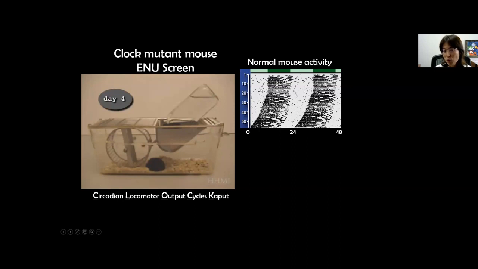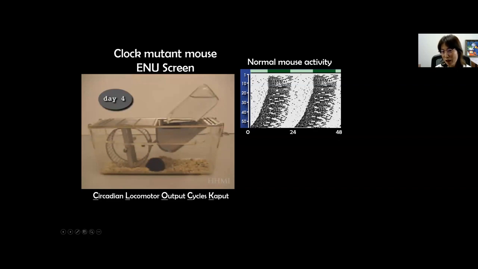And their free-running period is actually shorter than 24 hours. The C57 Black 6 has about a 23.5-hour circadian period. So it looks like they are getting up a little bit early every day, but that's because it's plotted in 24 hours. But they have very precise activity onset time.